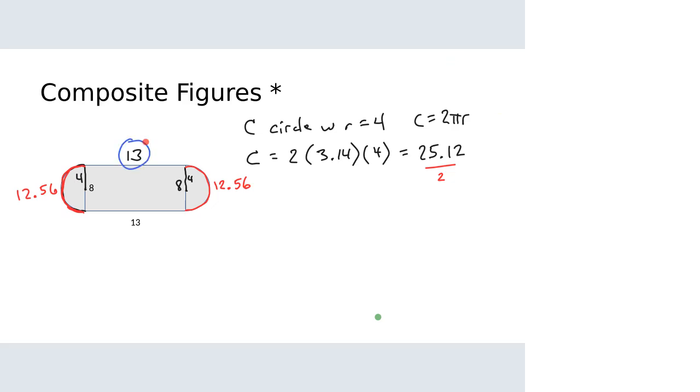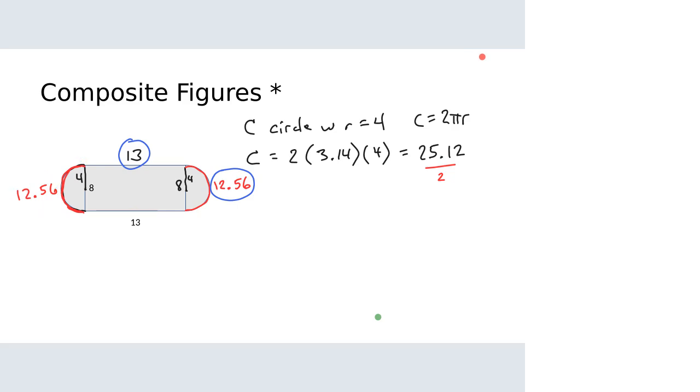It's going to be 13 plus 12.56 plus 13 plus 12.56. Got to be a little careful. We don't want to include any of this stuff that's on the inside, because when we're talking about the perimeter, we're just talking about the outside edges. So I can imagine myself here walking around this shape. 13 plus 12.56 plus 13 plus 12.56.